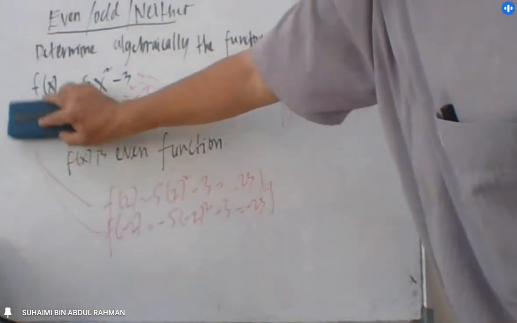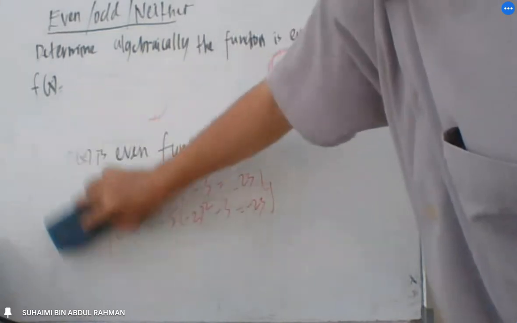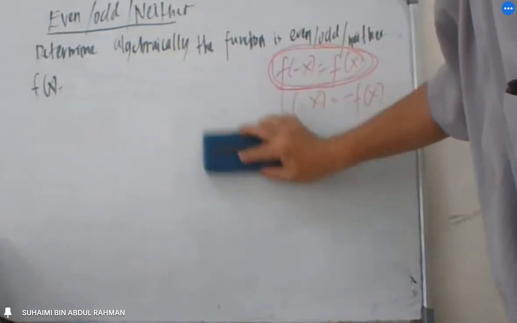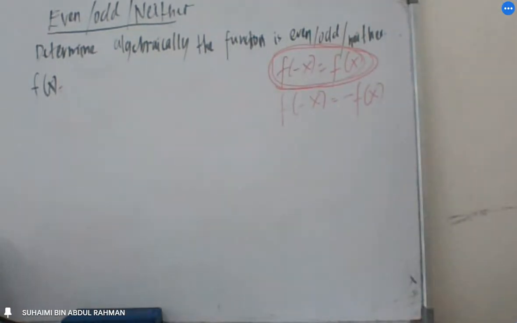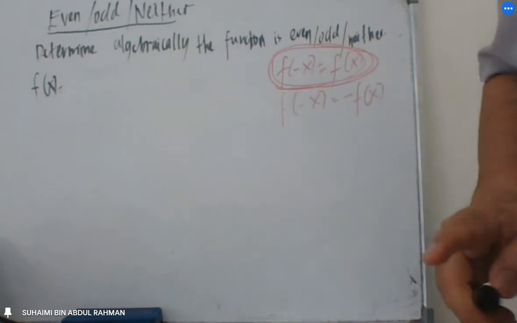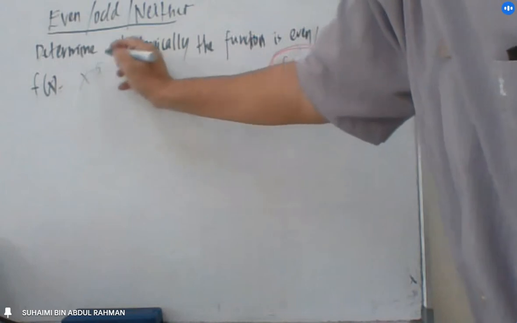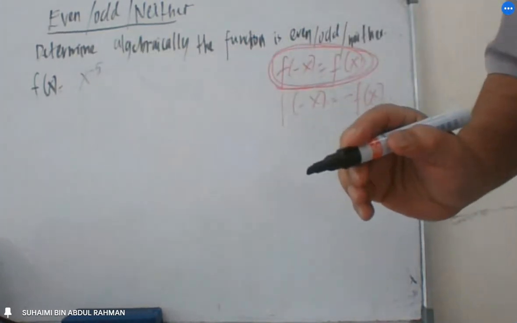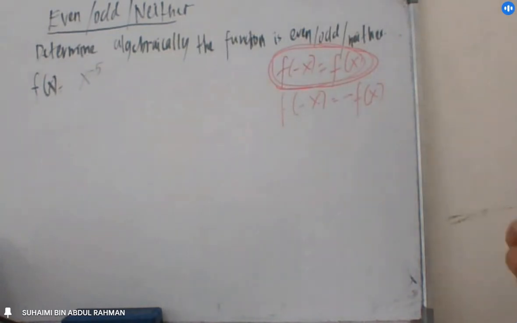We change to another function: x to the power of minus 5.